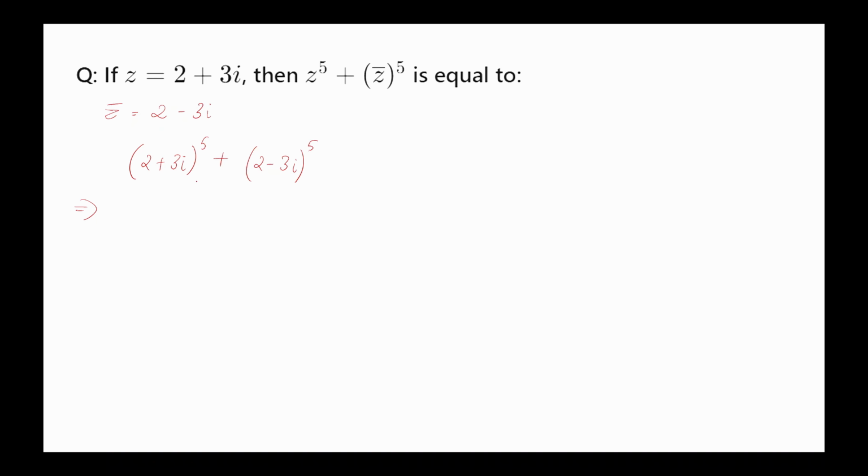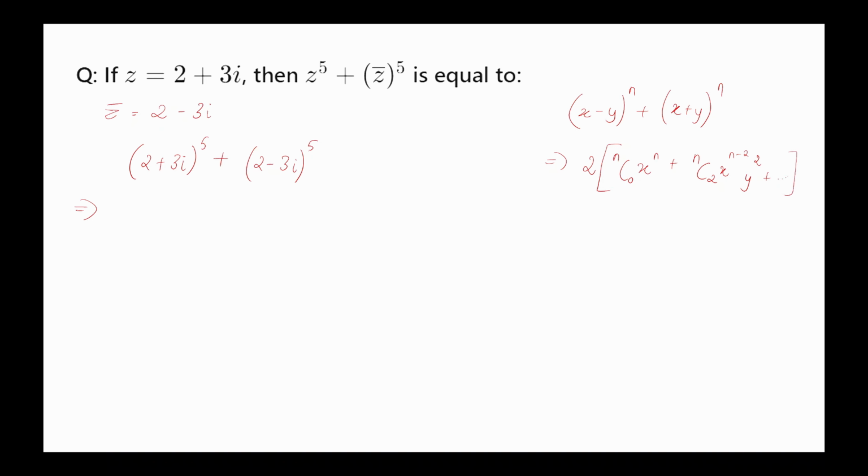Now I'll use binomial expansion to expand these two. I hope you all remember in binomial theorem we had studied, if I have (x minus y) to the power n plus (x plus y) to the power n, then it becomes 2 times [nC0 x to the power n plus nC2 x to the power n minus 2 y to the power 2 plus, and this goes on up till the end].